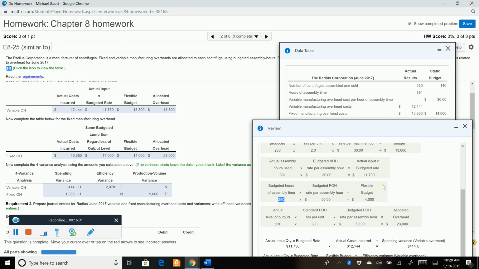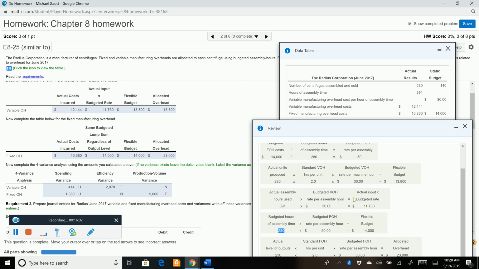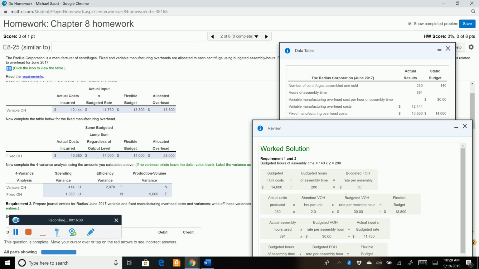I want you to understand this, the 280. Now, how do I get my original fixed overhead budget per hour? Well, 140 times 2 is the 280, as I've been explaining to you. So you take your original budget of $14,000 for fixed overhead and divide it by this 280. Remember, the $14,000 was the budget for fixed overhead.